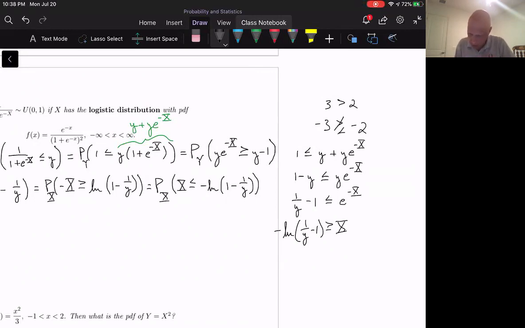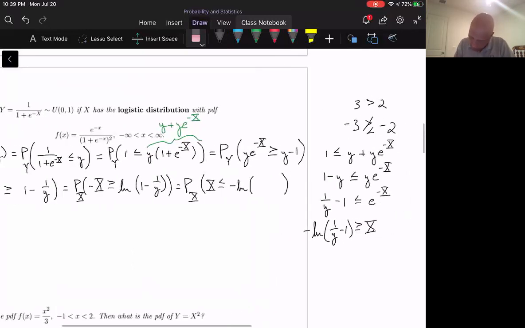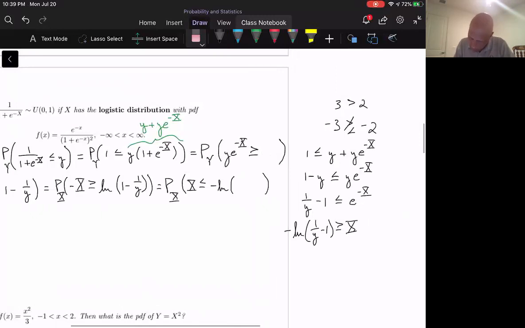In my second line there. And so this in the end should be negative log, it should be switched. All right, so this should be 1 minus y.